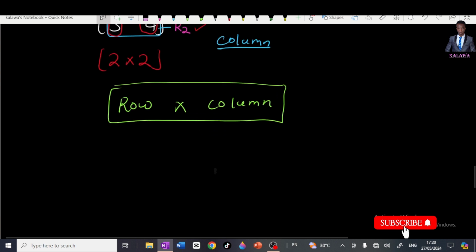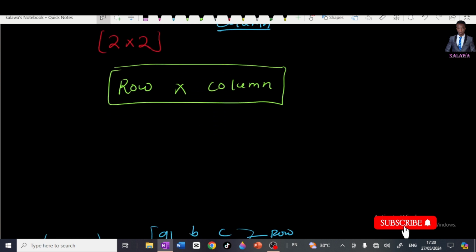So let me give you another set here. Let's say we have 1, 2, minus 3, and then we have 5, 6, and then 8. So these types of matrix, how can you determine whether it is a 2 by 2 matrix, 3 by 3 matrix? Remember, always the standard rule of matrix, we say what?